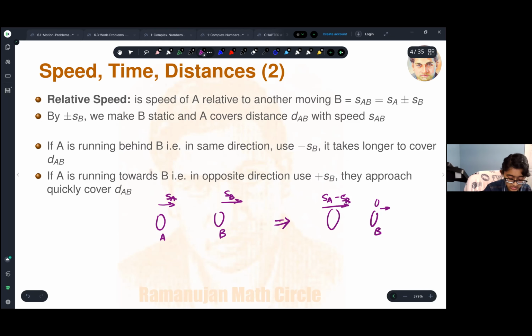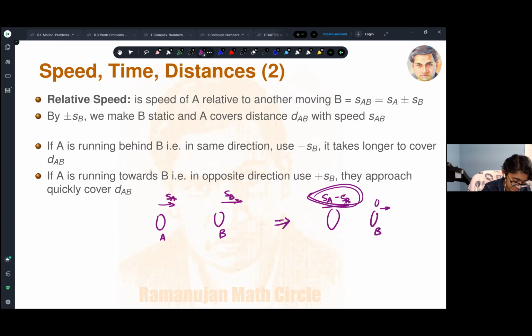You're subtracting both by SB. It's kind of like balancing an equation. You have to subtract the same speed from both objects. Okay, so that's when the speed of A relative to B is SA minus SB.